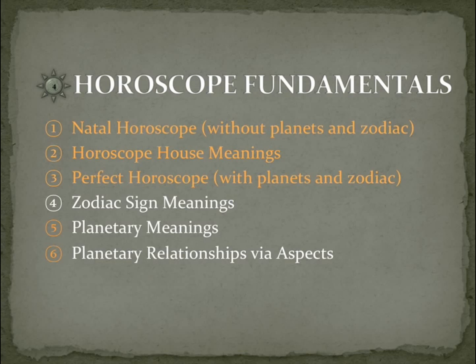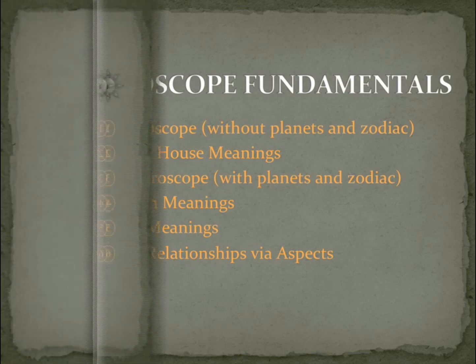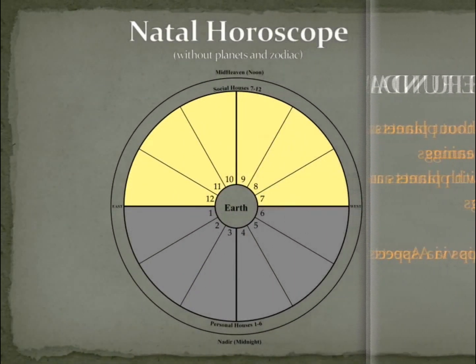Fourth, I will share with you the meanings of the zodiac. Fifth, I'll talk about planetary meanings. And lastly, I will talk about planetary relationships by way of their aspects and the important role they play in chart analysis. Let's take a look at a horoscope without planets and zodiac signs.